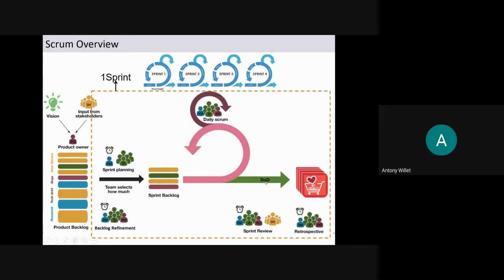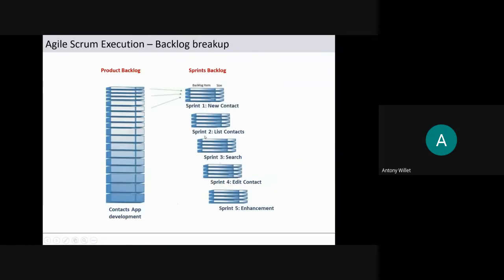And once acceptance criteria is met for every user story, it is included in, let us say, the product increment. Okay. So when all these, or a major portion of the sprint backlog items, are implemented, we have an increment. Let us say at the end of sprint one, we have a new contact module, right?